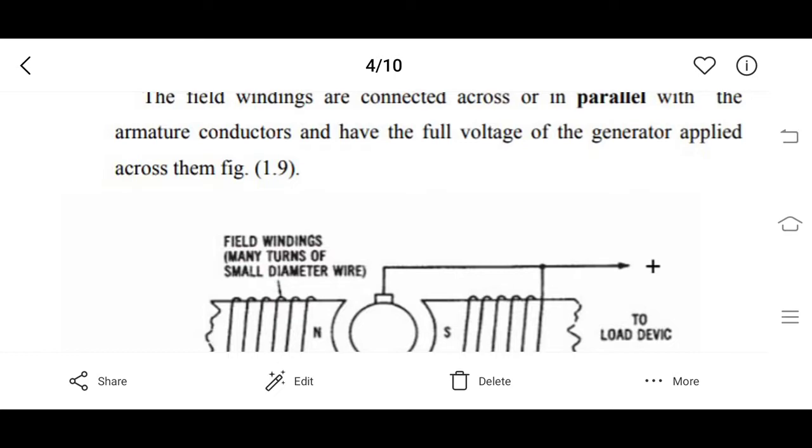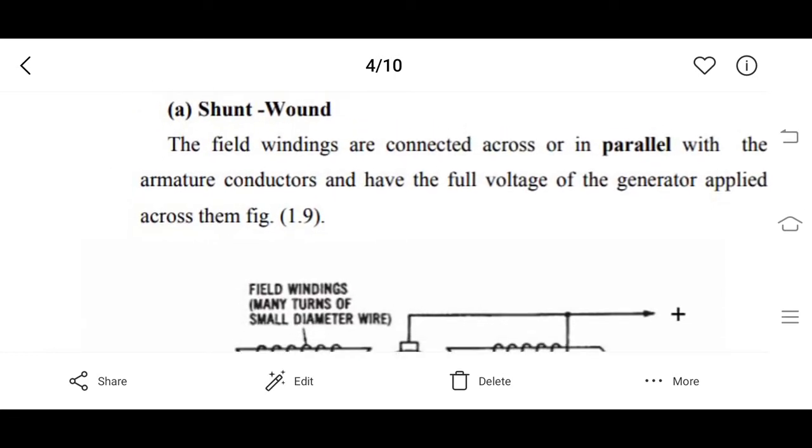If a field winding is a shunt field winding connected in parallel to the armature winding, then it is called a parallel wound machine or shunt wound machine.